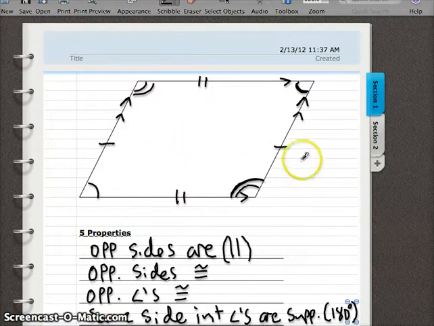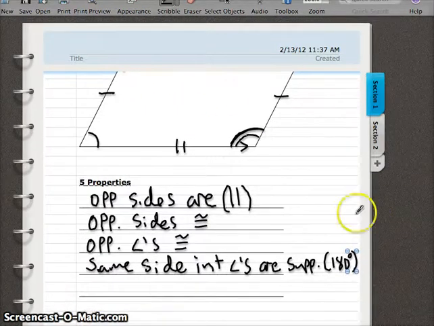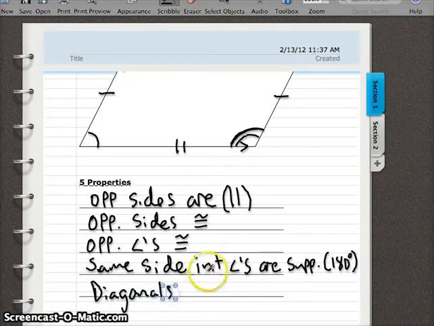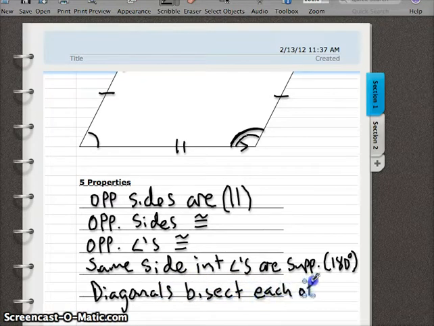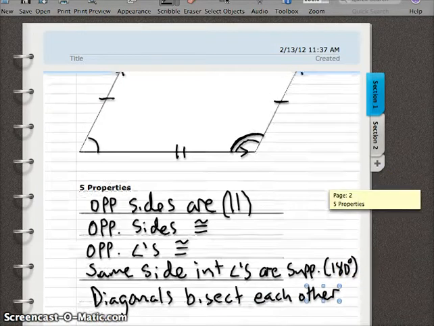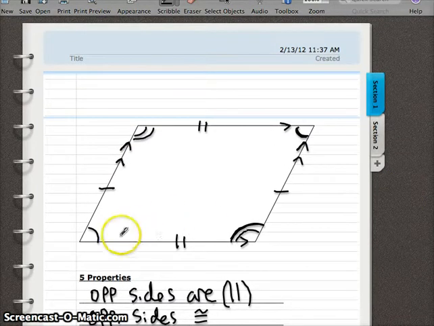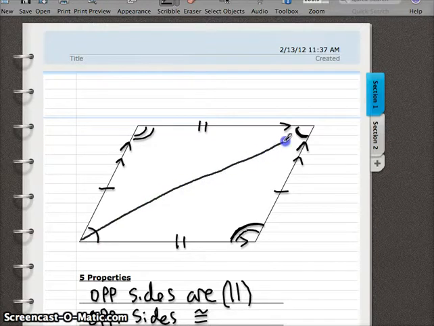The last one, let's write it first and then we'll draw it to talk about it. It's referring to this thing called diagonals. Diagonals bisect each other. So let's write that down and then let's talk about it. If you remember from past lessons here, a diagonal is a segment that connects two vertices or two corners.